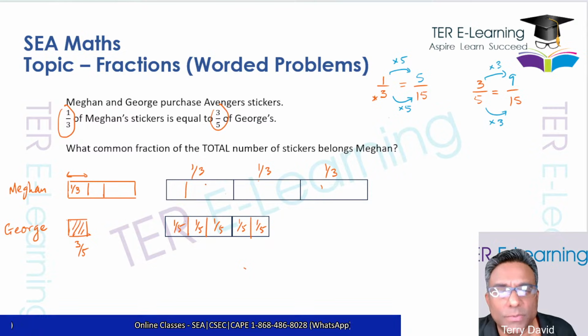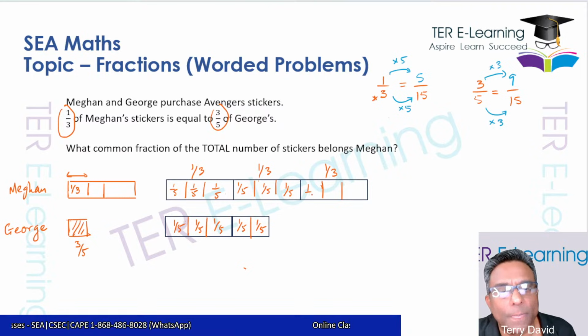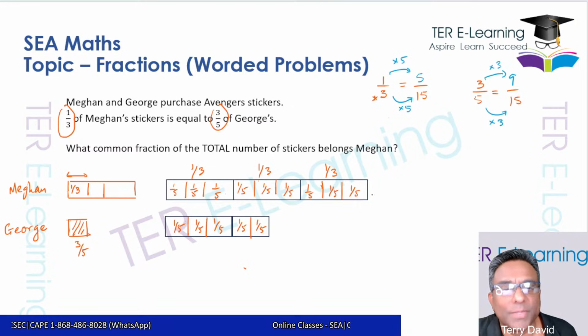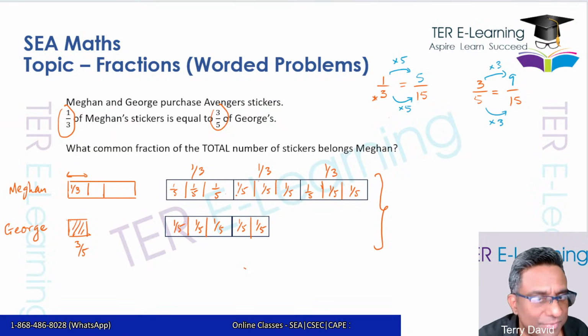This here could be broken up into 1/5, 1/5, 1/5. So each of her thirds, I can break up into a 1/5, a 1/5, a 1/5. So what I have here now represents the total number of stickers that we have.